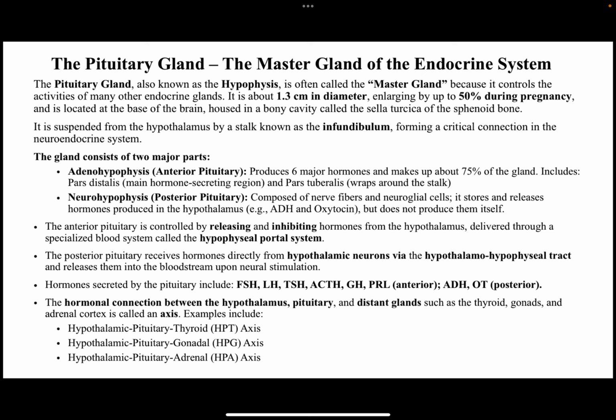Now, the posterior pituitary receives hormones directly from the hypothalamic neurons via the hypothalamo-hypophyseal tract and releases them into the bloodstream upon neural stimulation.